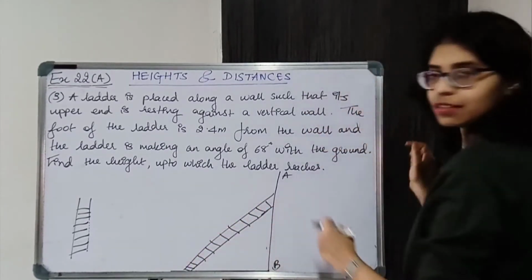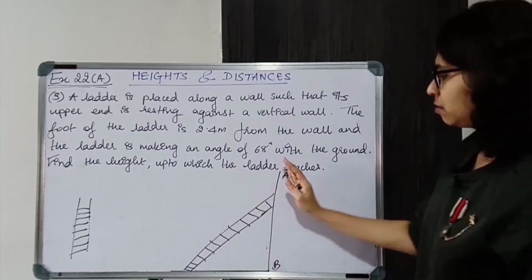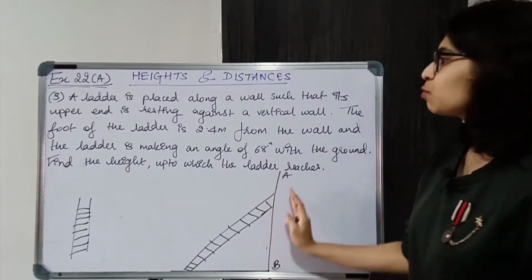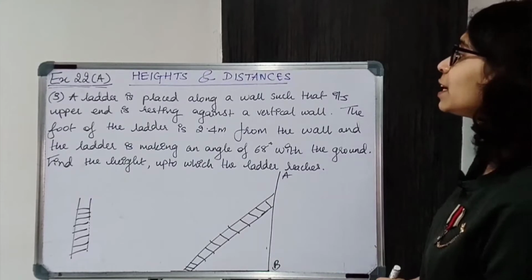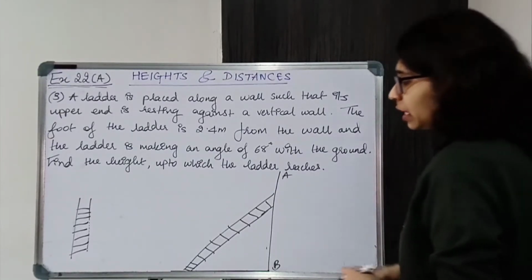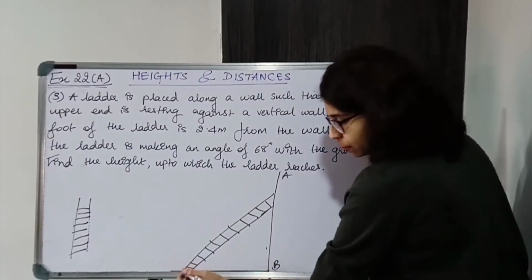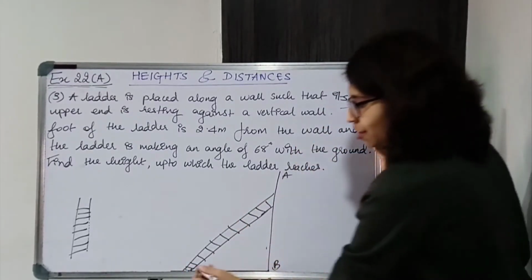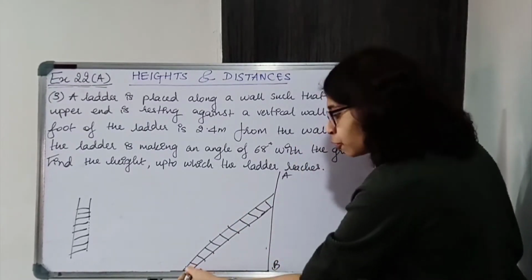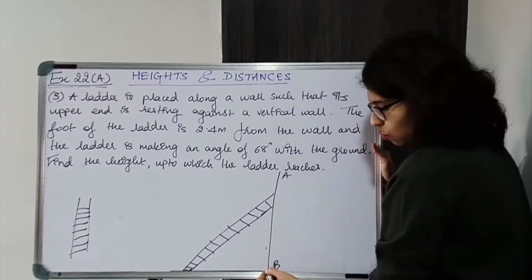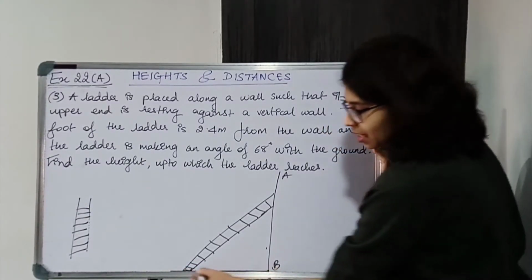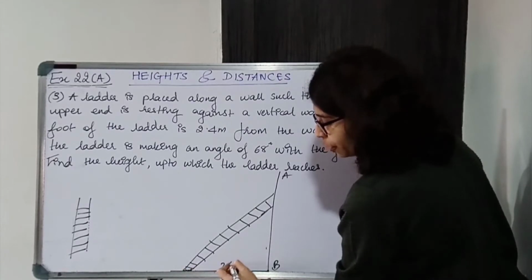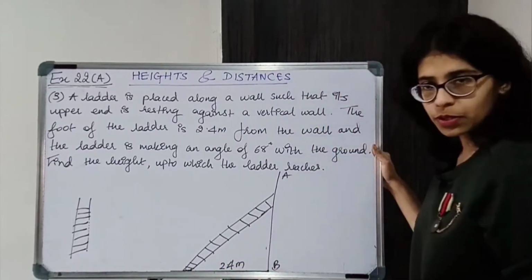We are going to take the support of this wall. The foot of the ladder is 2.4 meters from the wall. The foot of the ladder will be on the ground only, okay, it is going to touch the ground. So the foot of the ladder is 2.4 meters from the wall, so from the bottom of the wall to its bottom is 2.4 meters, okay.